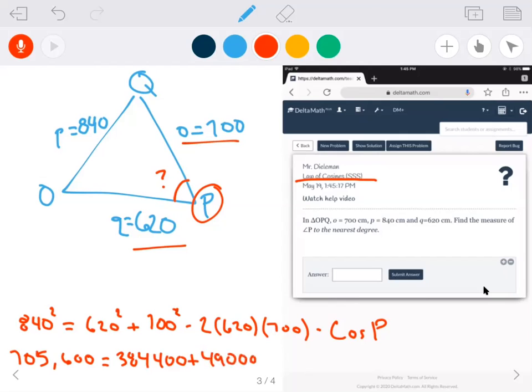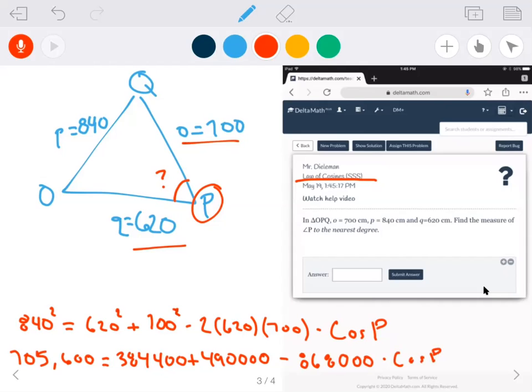I think I picked a bad example. This is a really long number, but it's okay. And then minus 2 times 620 times 700. That gives me minus 868,000 times the cosine of P.